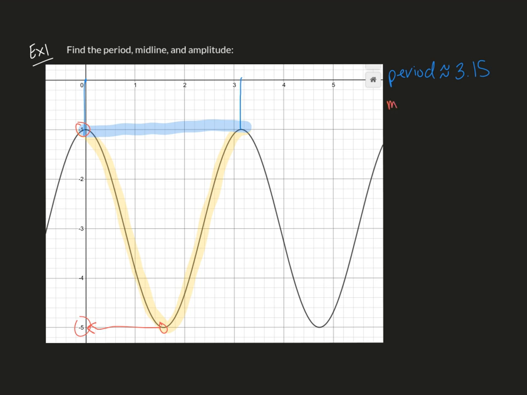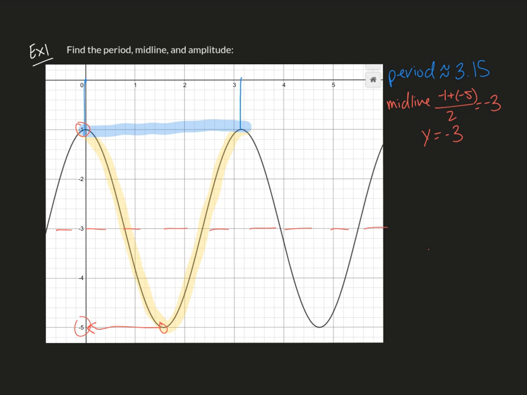So to find my midline, I am going to add -1 and -5 and then cut it in half. So -1 plus -5 is -6, cut in half, which is -3. So the midline is y equals -3. And if I draw that on here, hopefully you'll see that that is cutting it right in half. So that is my midline.